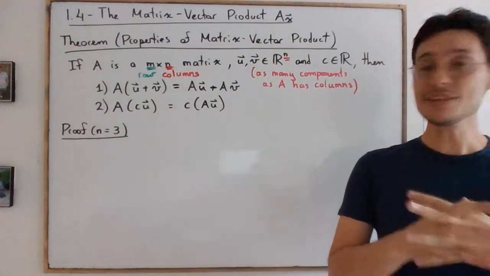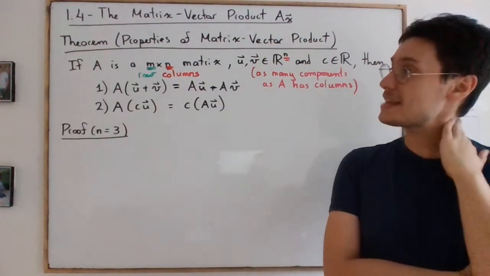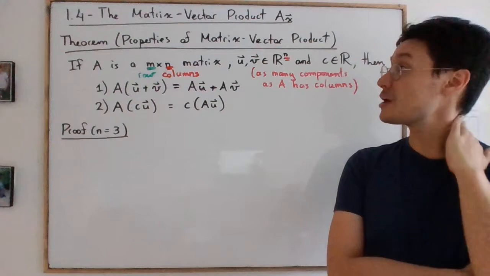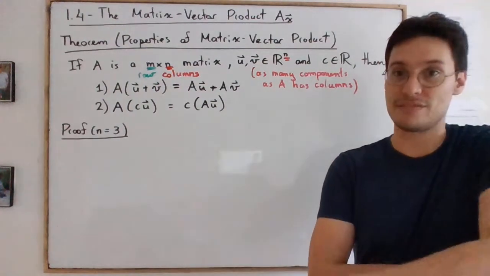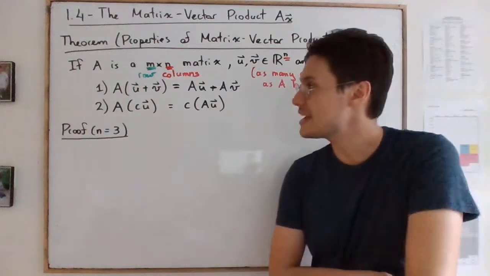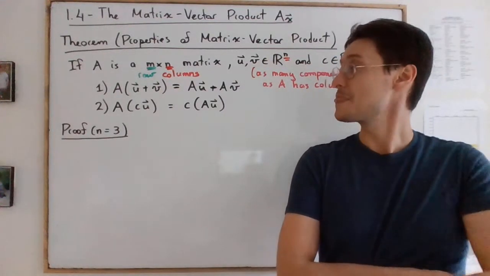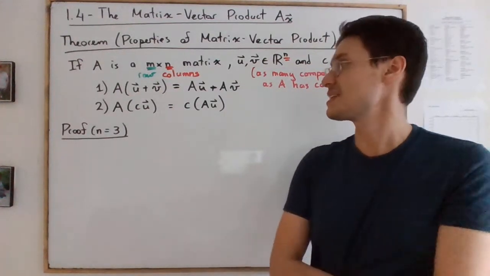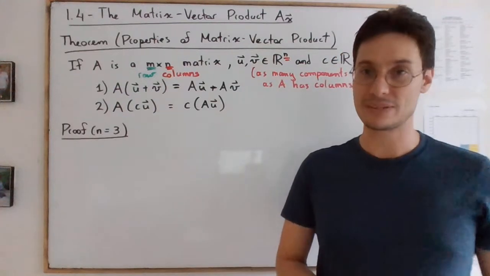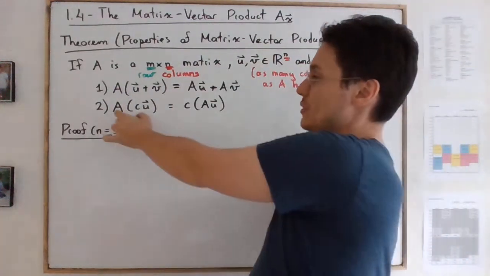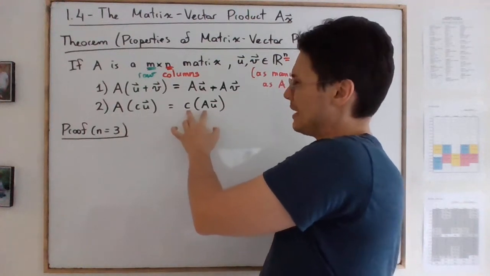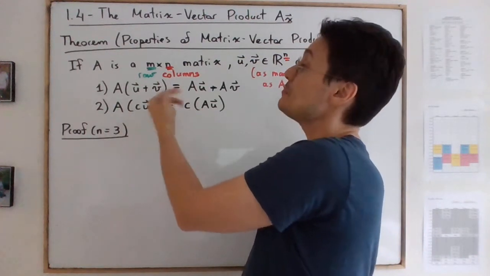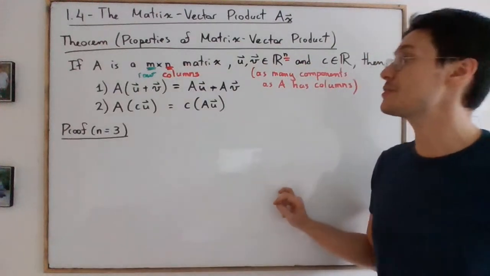In other words, we say that the matrix vector product is distributive. We could be more precise and say left distributive, but distributive is nice enough as long as we know what we're talking about. And the second property means that it commutes with scalar multiplication.